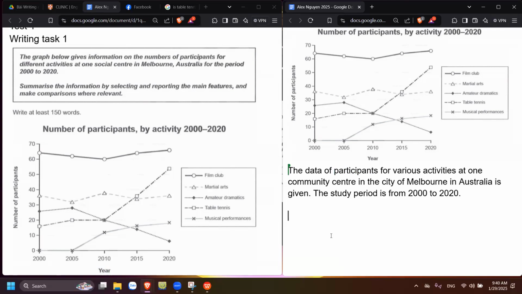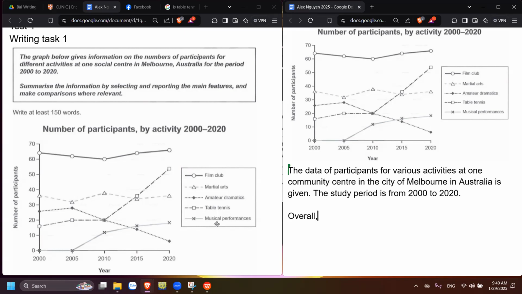But if the data is difficult to interpret, if it requires several paragraphs of the body so that you can see the trend, then you can write the overall at the very end of your essay. That's the whole thing. But here you can see it easily.